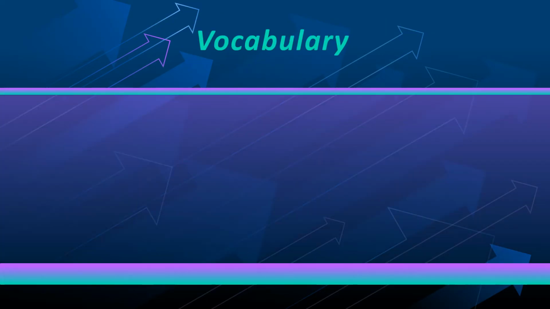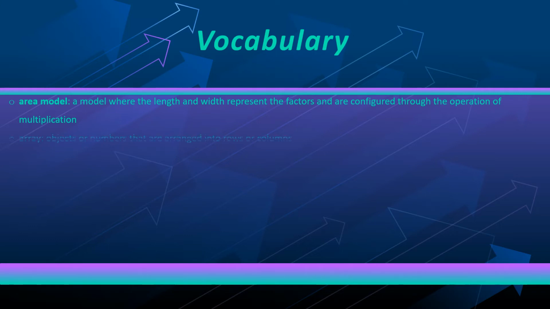There's quite a bit of vocabulary that comes with multiplication. So let's take a look at some of the words that students will need to be familiar with. We have area model. A lot of these we will notice are the models that we are going to be working with, and this is an example of one of the models students can use to support in solving multiplication problems. Array, another model.